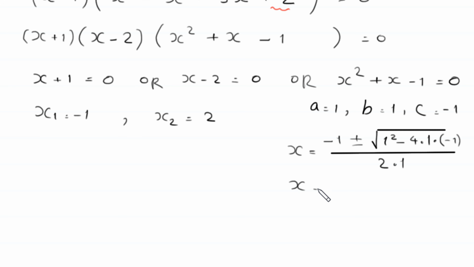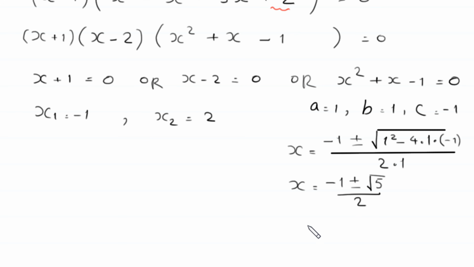So x is equal to negative 1 plus or minus the square root of, 1 squared is 1, and negative 4 times 1 times negative 1 is 4. So 1 plus 4, 5, divided by 2.